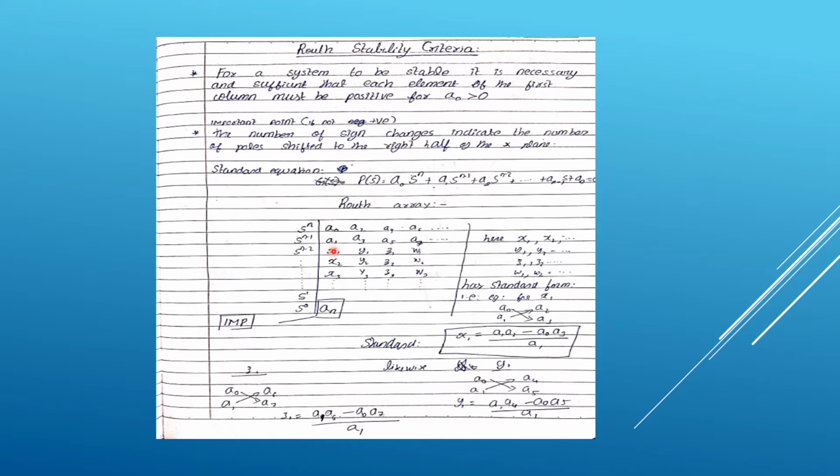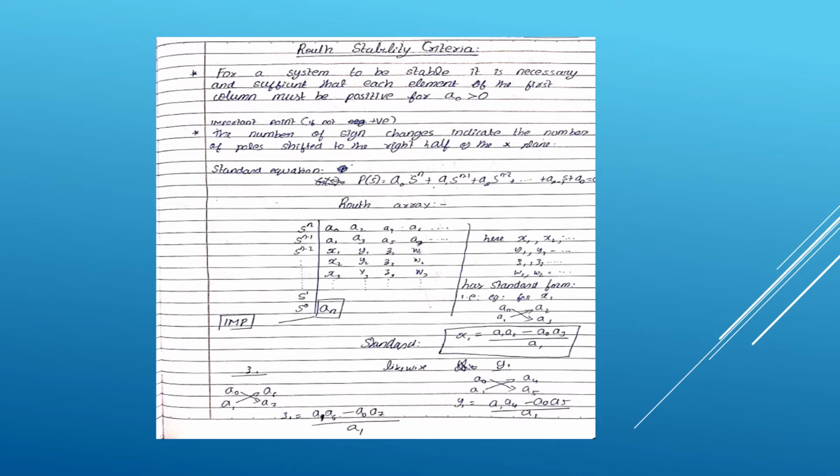And if an element in the first column is negative, then the sign changes. If h2 is negative, the sign change will be from positive to negative and negative to positive. There will be two sign changes. The number of sign changes will be equal to the number of poles in the right half of the S plane.